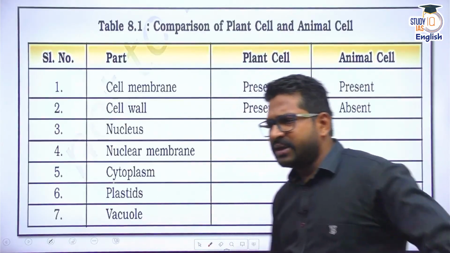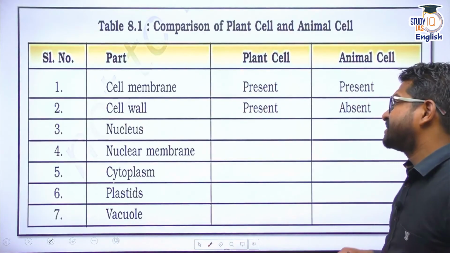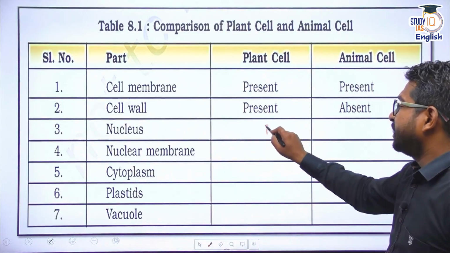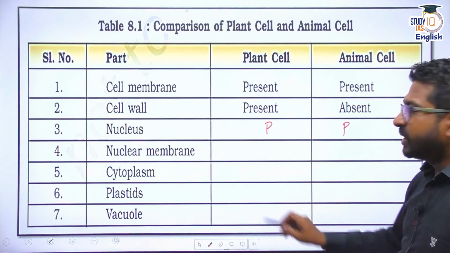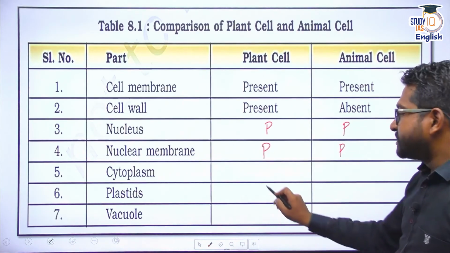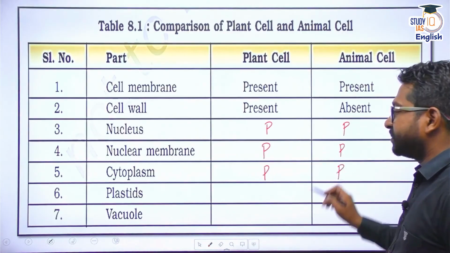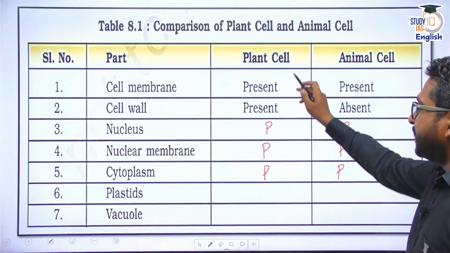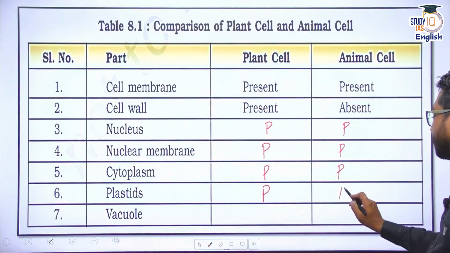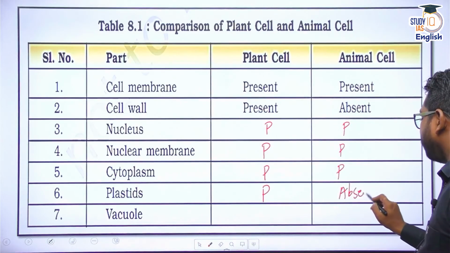In fact, there is a small activity for all of you to test here, plant cell and animal cell, right? Nucleus is present in both. Nuclear membrane is present in both because both are eukaryotic cells. Cytoplasm is present in both. Plastids are present in plant cells, but absent in animal cells. Very important.